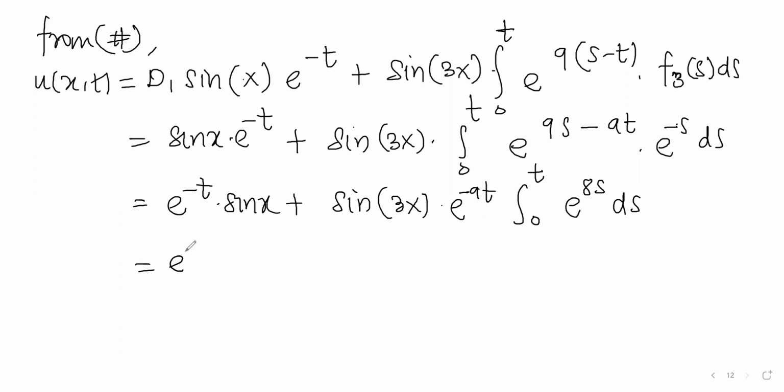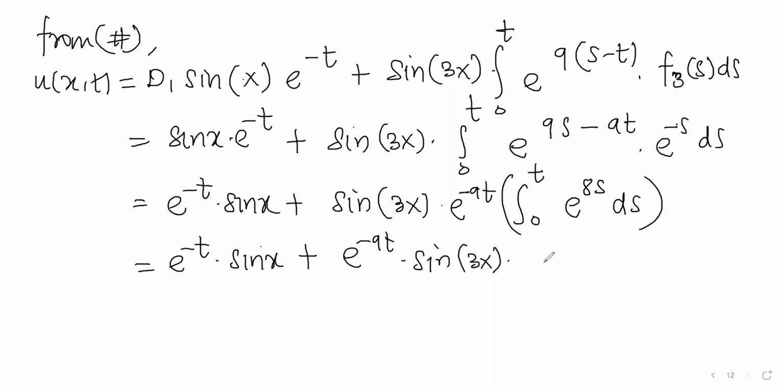Now simply write down e power minus 9t and e power 8s, and sine 3x remains, and this is what you had been doing in 12th standard. So it will be e power 8s upon 8, between the limits 0 to t.